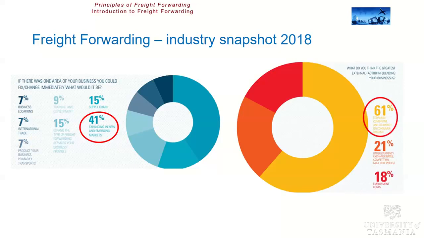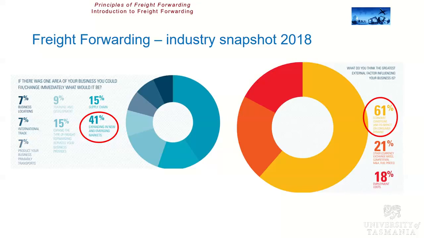On the other side of things, what do you think are the greatest external factors impacting their business? And that's things outside their business, such as economic conditions and also consumer demand. Now, if you think about it, these are external, uncontrollable situations that they can't handle.